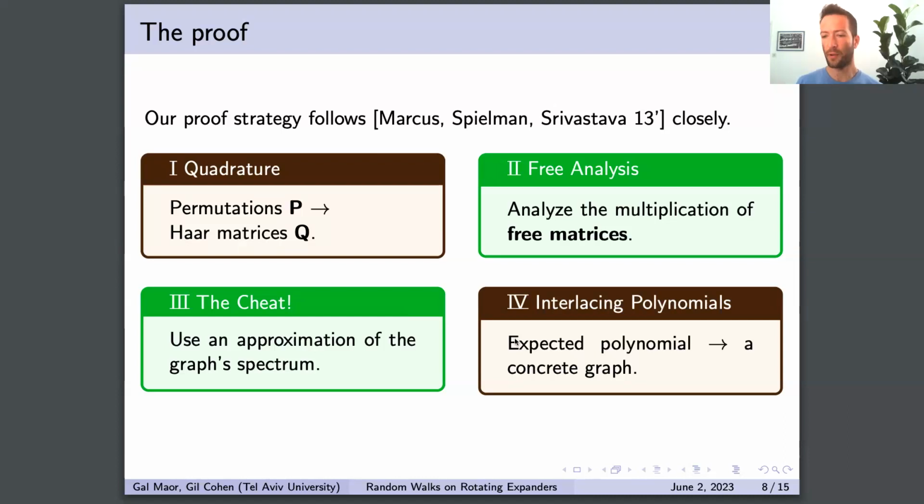The fourth component is the interlacing families of polynomials, in which we are analyzing some expectation object, and the technique of interlacing polynomials enables us to deduce a result about a specific graph.